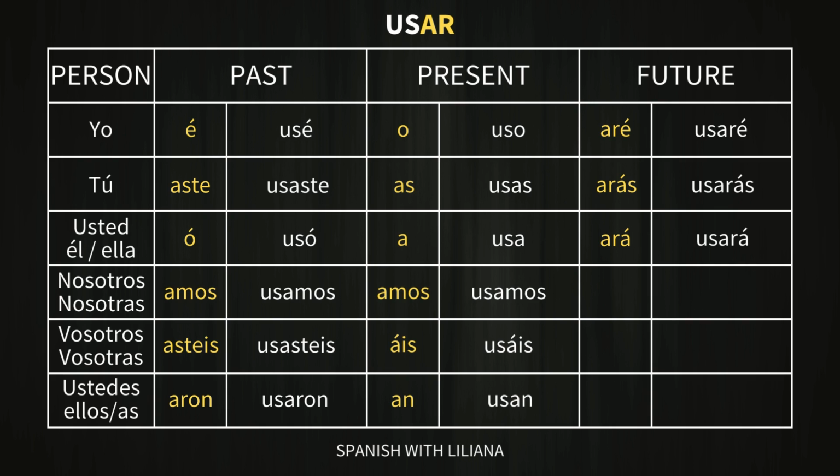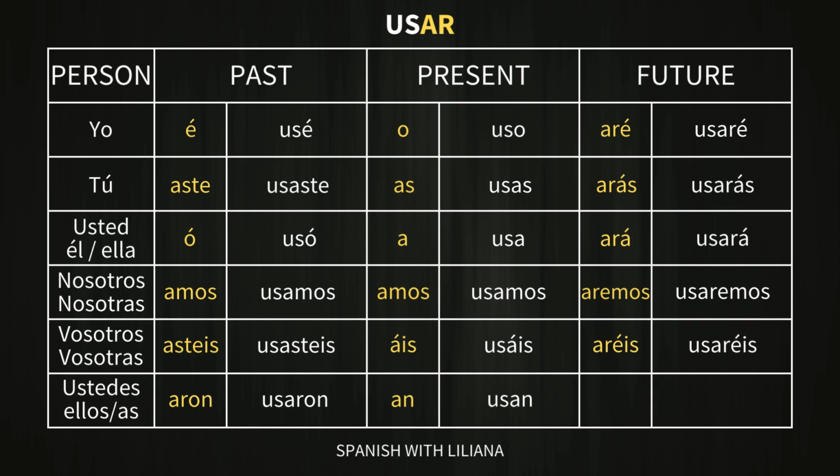For nosotros or nosotras, we'll replace the AR ending with aremos, and the full verb becomes usaremos. For vosotros or vosotras, we'll replace AR with aréis, and so the future becomes usaréis.